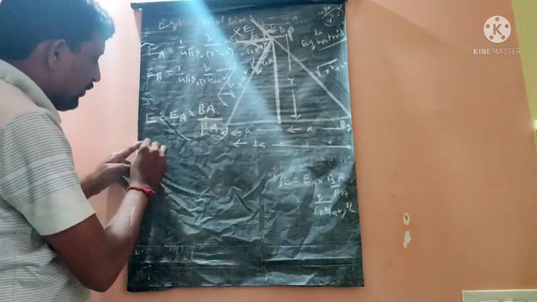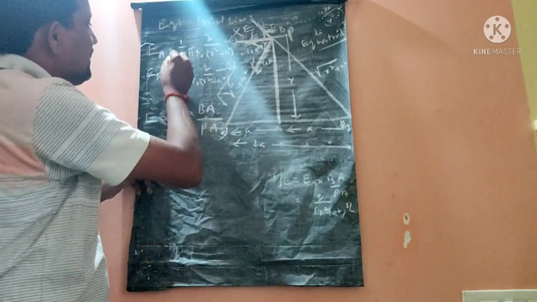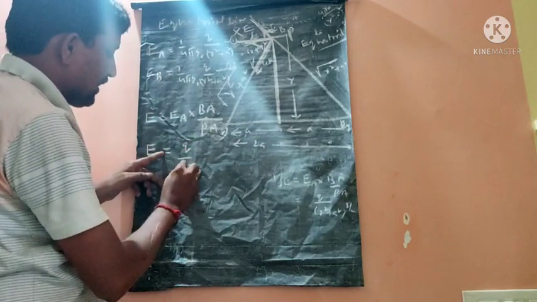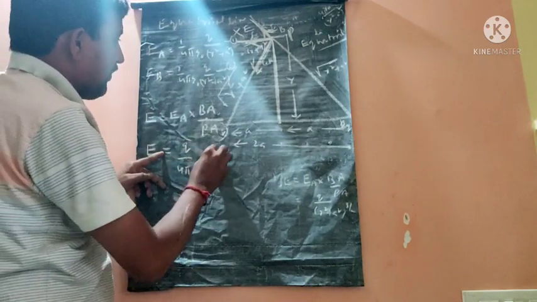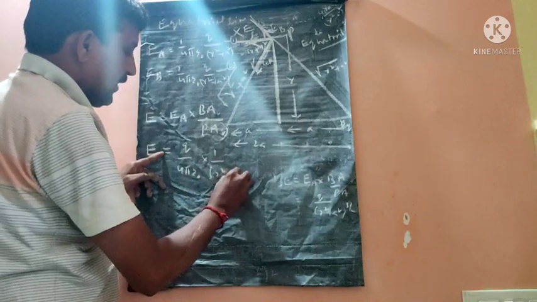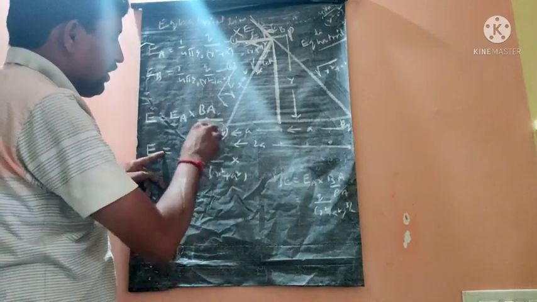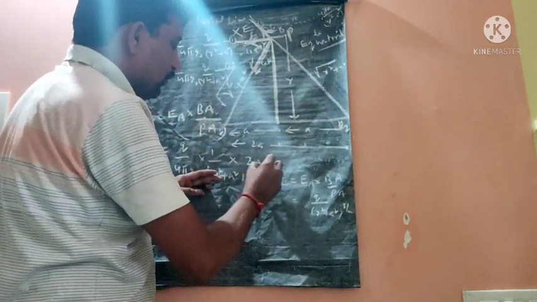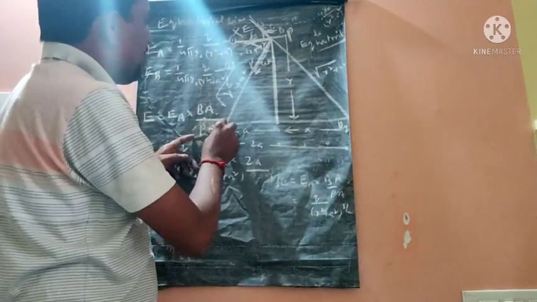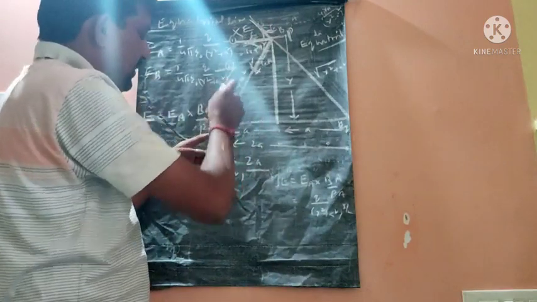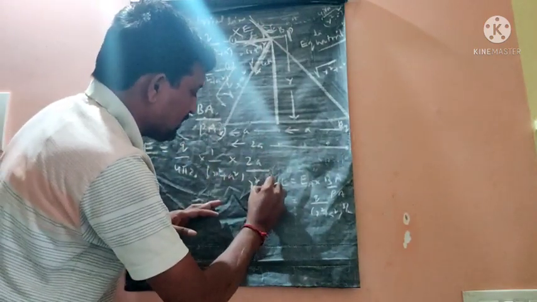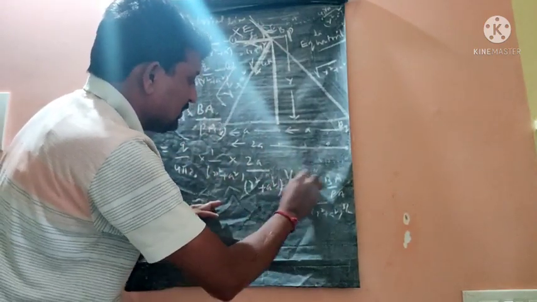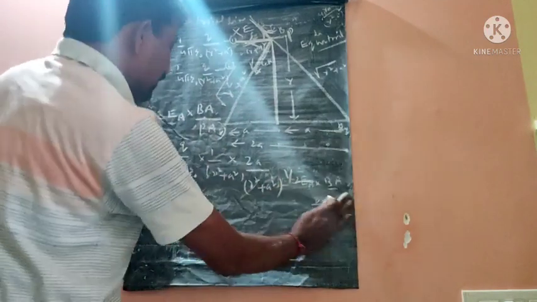So EA means here q by 4 pi epsilon naught into 1 by r square plus a square. And what is BA? BA means the distance between these two, that is 2a, and this is PA. The PA value is (r square plus a square) whole power 1 by 2, root nothing but whole power 1 by 2.